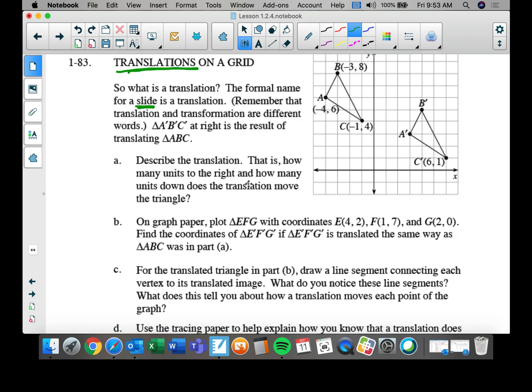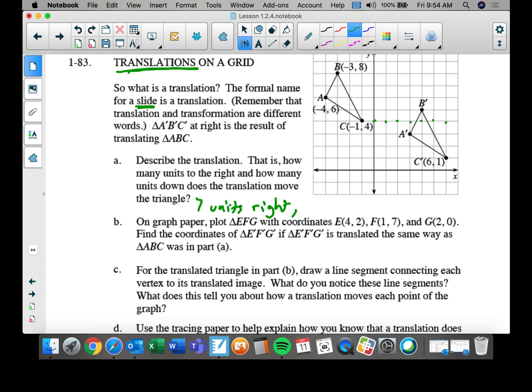So if we take a look, how many units to the right, how many units down did it move? I'm going to take a look at point C right here and figure out what we did to get to C prime. For point C, we went over 1, 2, 3, 4, 5, 6, 7 units to the right, okay? So I'm going to put that down. 7 units right.